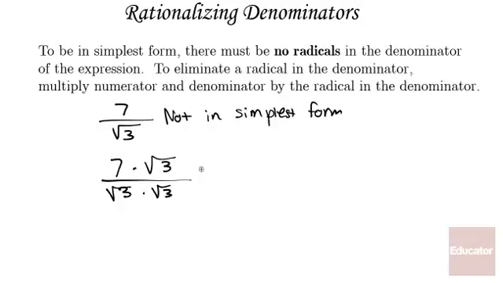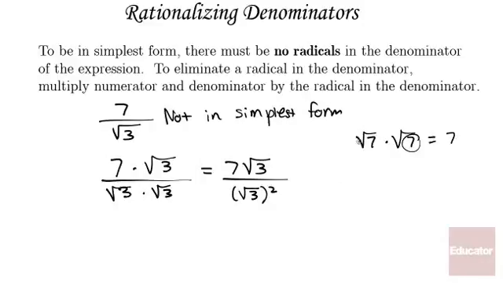This is going to give me 7 times the square root of 3, and then the square root of 3 squared. Something to remember is that a radical multiplied by itself is equal to the radicand. So if I have the square root of 7 times the square root of 7, which is the square root of 7 squared, this equals the radicand.